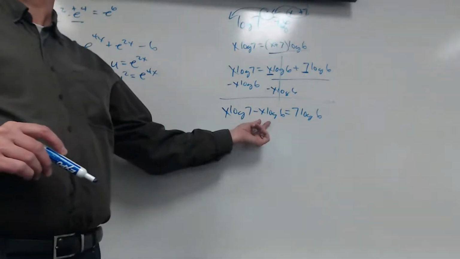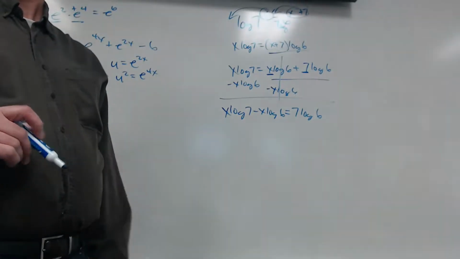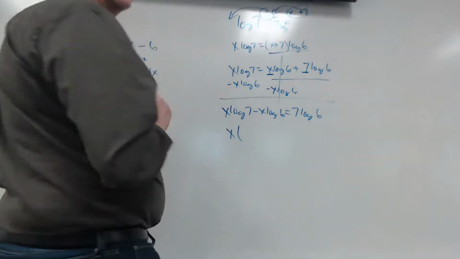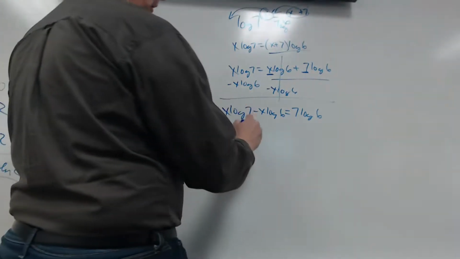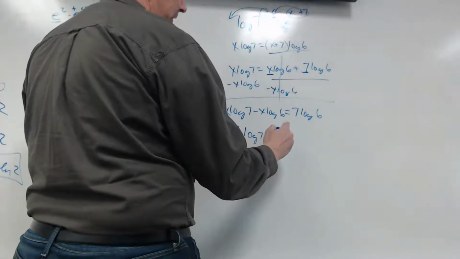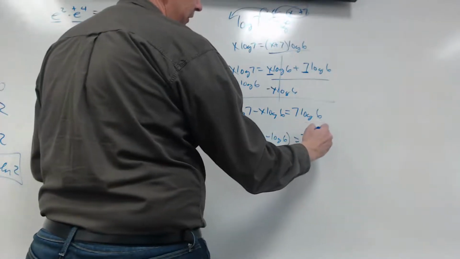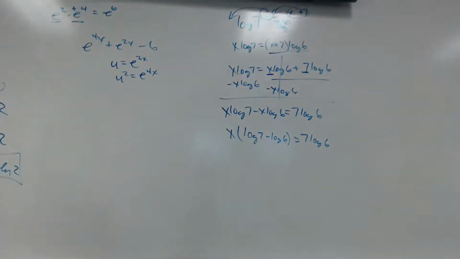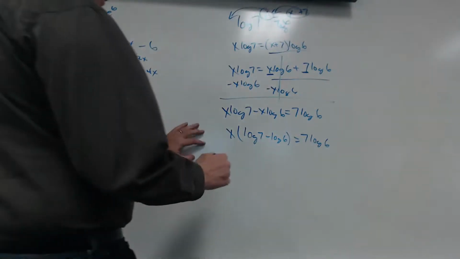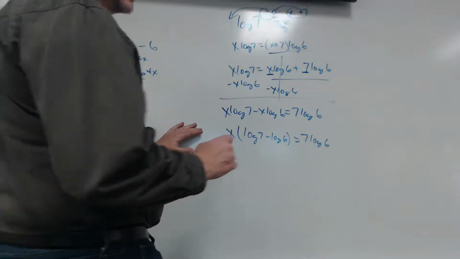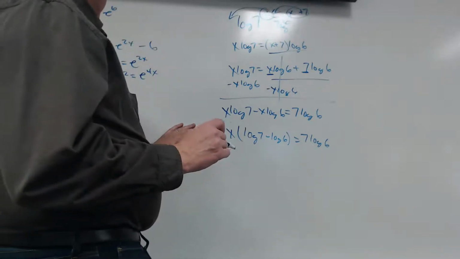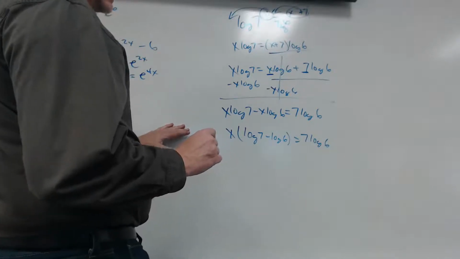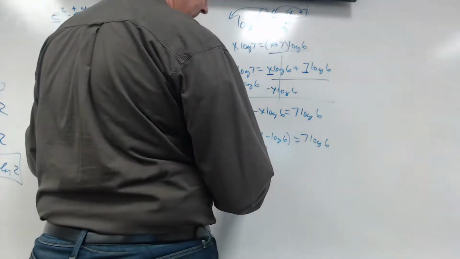We need to get the x's out of the way. So let's factor out the x, and we're left with log 7 minus log 6 equals 7 log 6. Okay? Now we can divide. What are we dividing? So it's going to be log 7 divided by log 6.